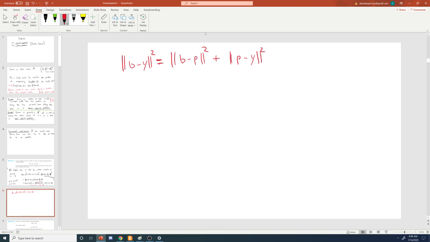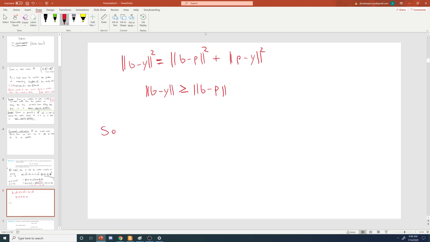And this shows, since both of these terms right here are positive, that the length of B minus Y is always greater than or equal to the length of B minus P.